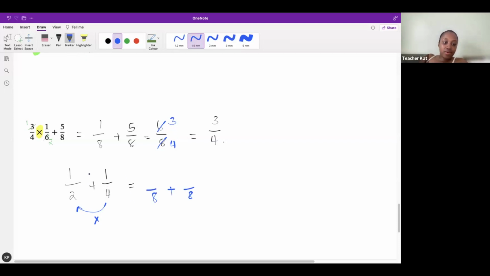Then you'll have 4 over 8 plus 2 over 8, which will give you 6 over 8. But now you have to simplify, because 6 over 8, as we have seen, can be simplified to 3 over 4, which is the final answer.